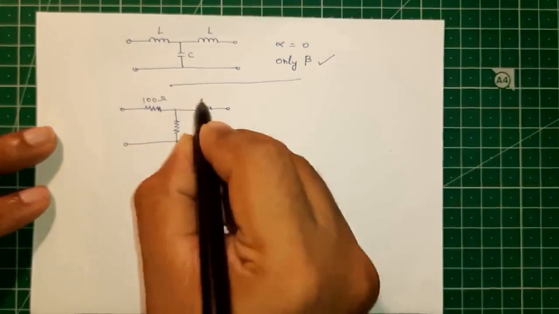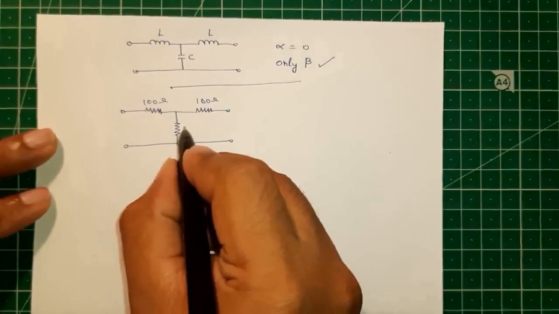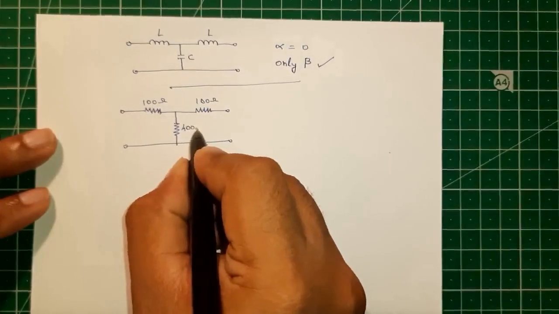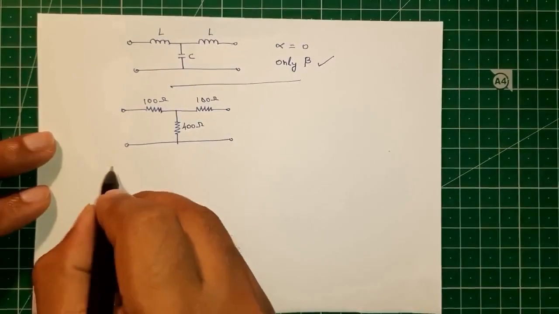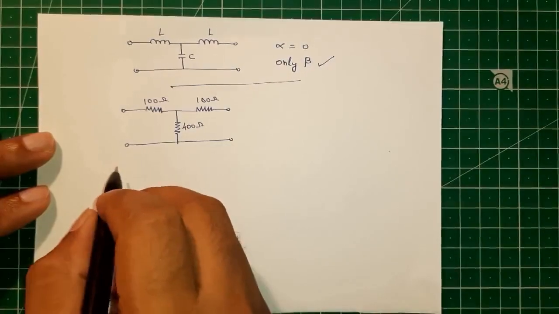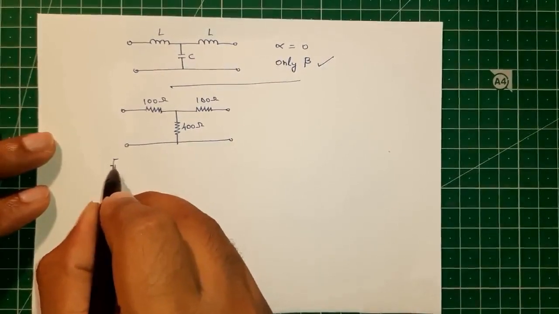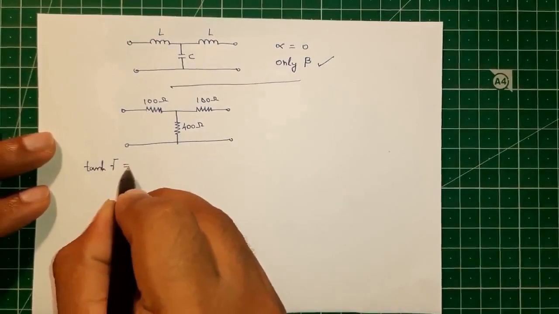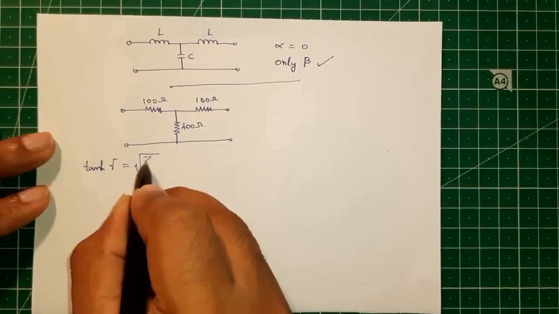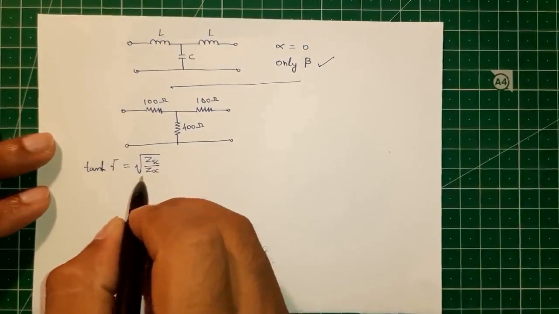Let 100 ohm be the series arm impedances. The shunt arm impedance be 400 ohm. And we will try to find out the gamma for this particular network. So we know that tanh gamma is equal to root of ZSC upon ZOC.